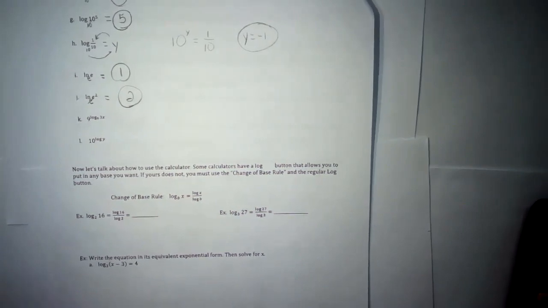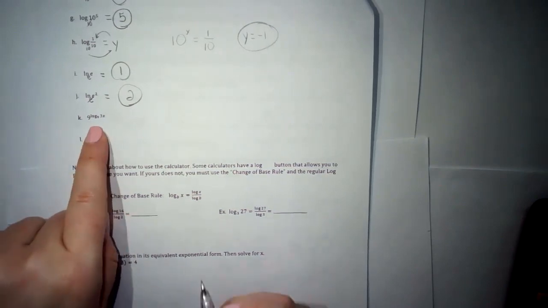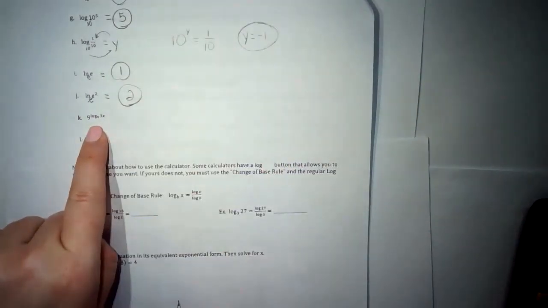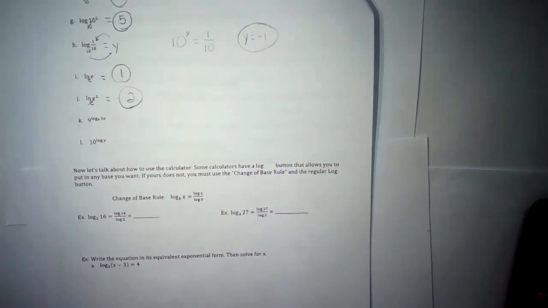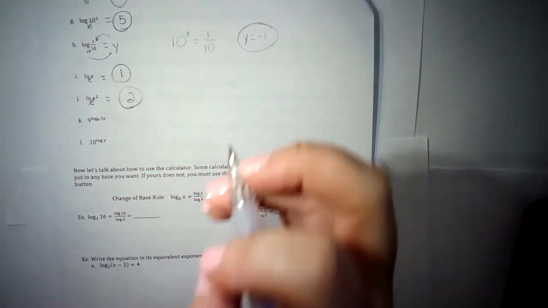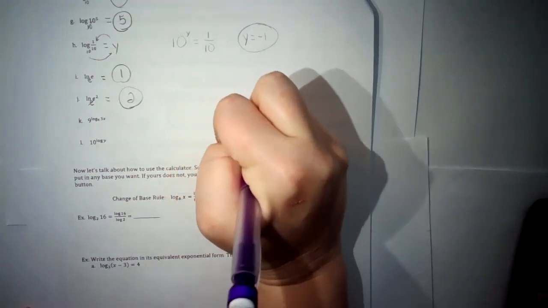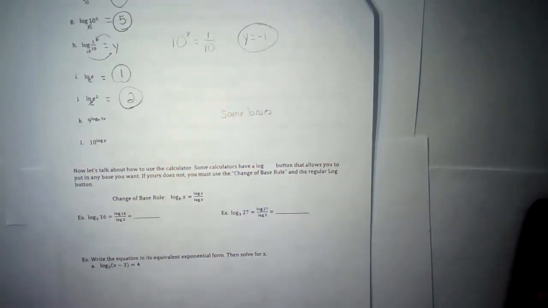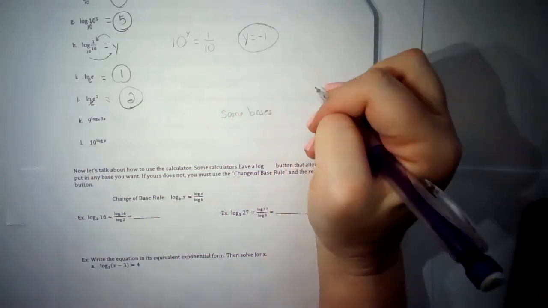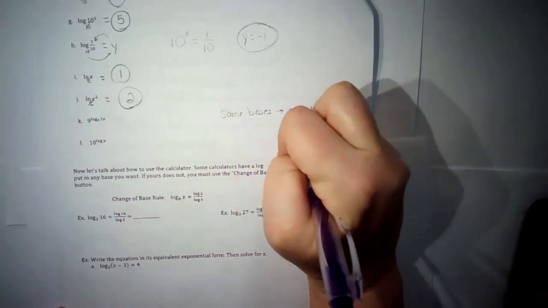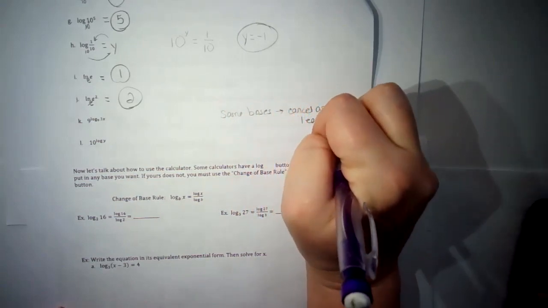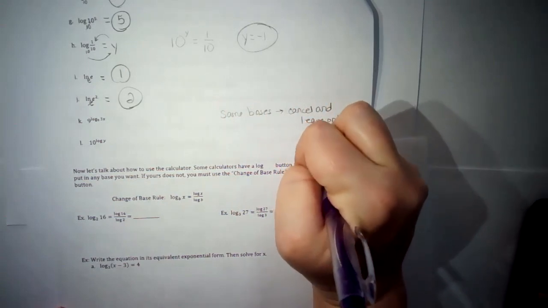Okay, now we're getting a little crazy here. Okay, so here's the craziness. We have a base of 9 and an exponent, which also happens to be a log. Okay, at the core of it, the rule is if you have the same bases, that means for a log and for an exponent, they cancel and leave only the argument.